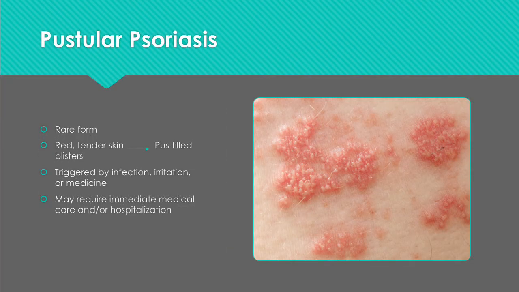We also have the form of pustular psoriasis. This is rare. It starts off as red, tender skin and then leads into pus-filled blisters. This can be triggered by infections, irritation, or even medicine use. In some cases, this may require immediate medical care or hospitalization.